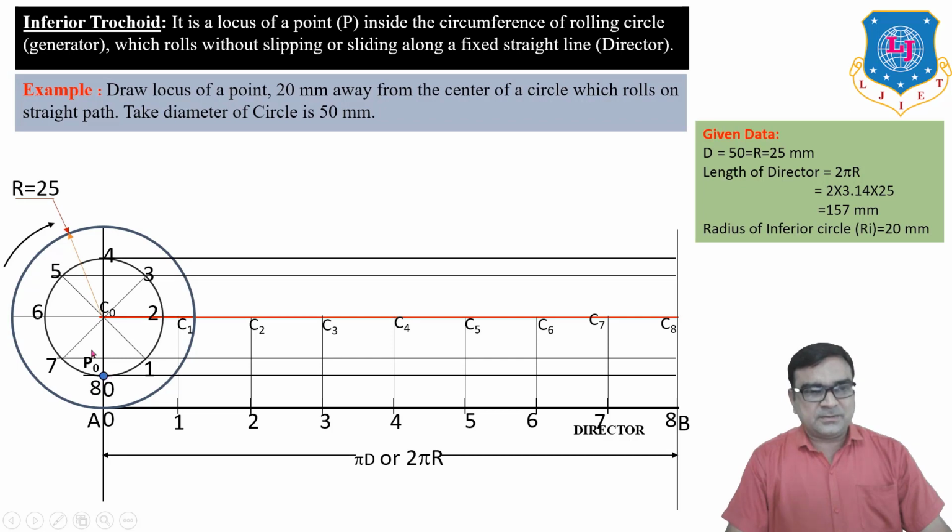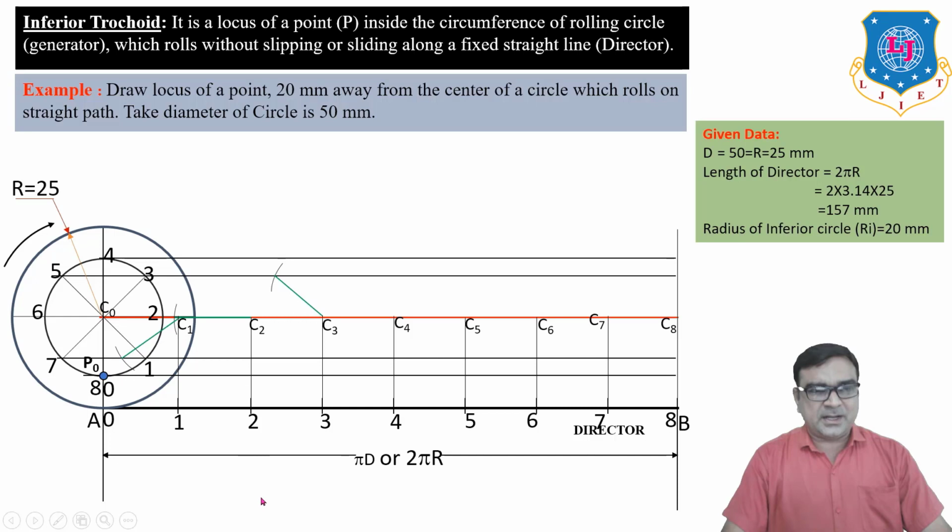So here, for one rotation of the circle, the positions of P will be found by taking radius 20 mm and center C1 and drawing an arc on the horizontal line passing through 1; that point is P1. Similarly, center C2, 20 mm radius, draw an arc on line 2.